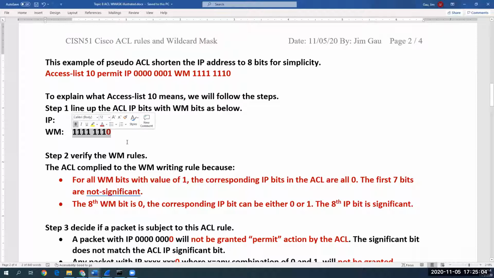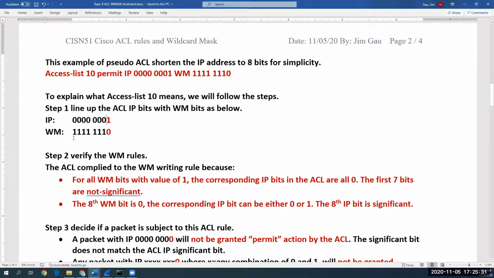Now we check to see if it complies with the rule. We mentioned on the previous page that if the WM bit is a 1, we must put a 0 in the corresponding IP bit. So we have seven 1s here, and of course, for every one of these bits we have to put a 0. That's just a rule. There are seven zeros here.